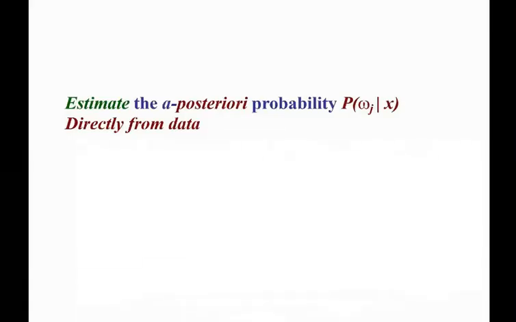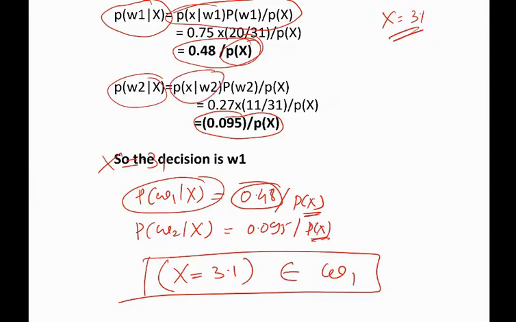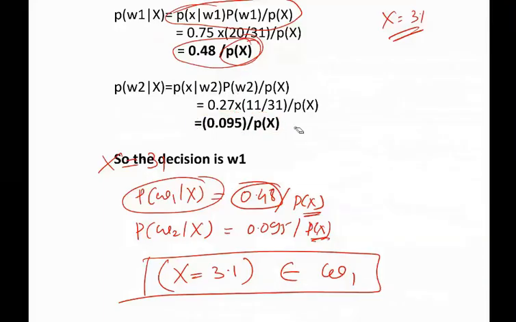Now we have seen two methods which do estimate likelihood. So these are likelihoods that we have estimated either using Poisson window or using k nearest neighbor.